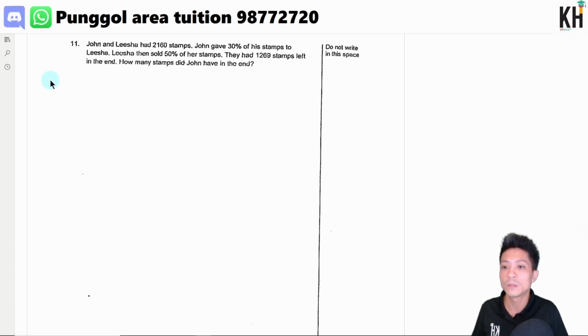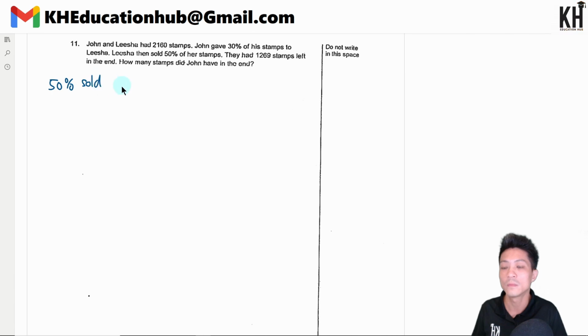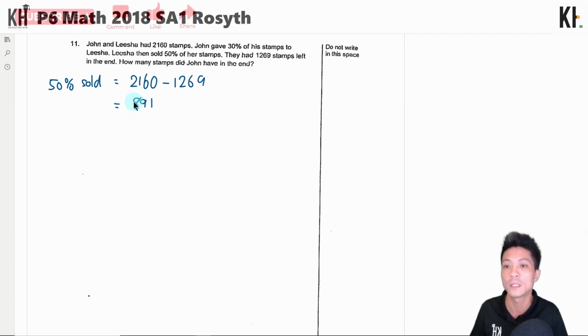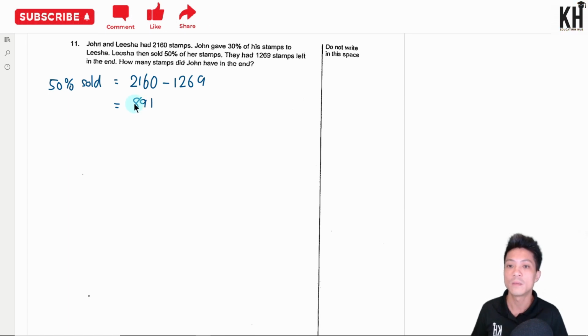So I'm going to straight away write 50% sold is equal to 2,160 minus 1,269. 2,160 minus 1,269 is 891 stamps.